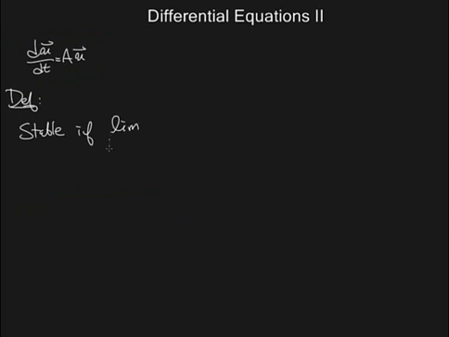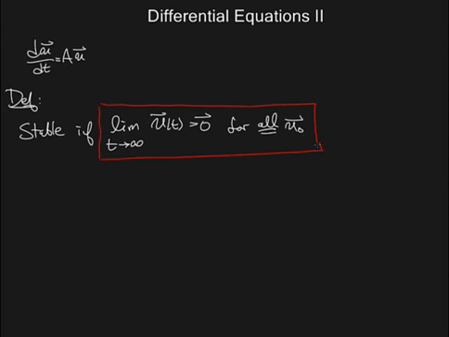The equation or its solutions are stable if the limit of u of t as t goes to infinity is 0 for every starting value u naught. If all solutions go towards 0 asymptotically, they approach 0.